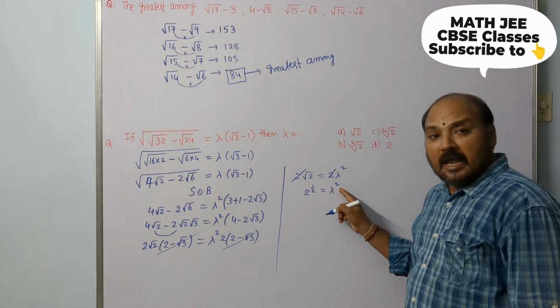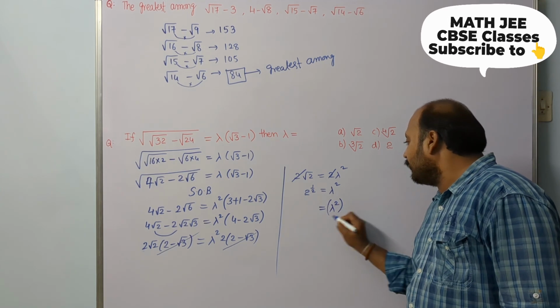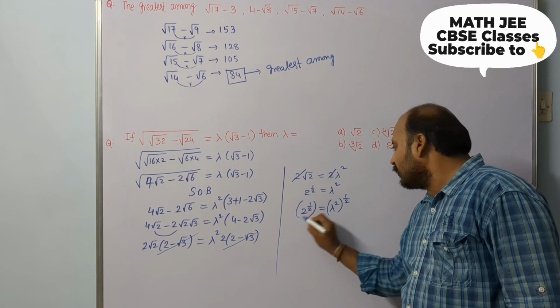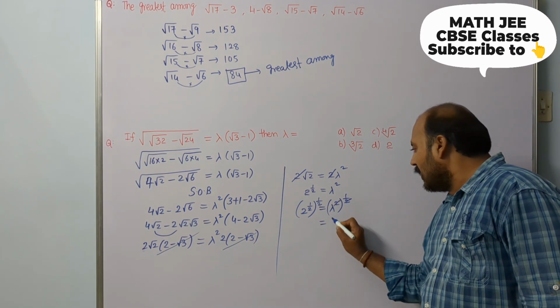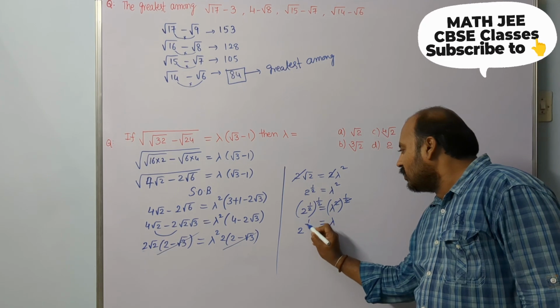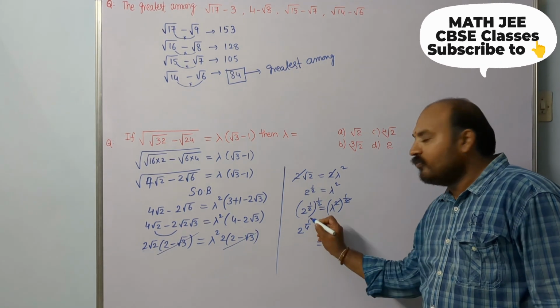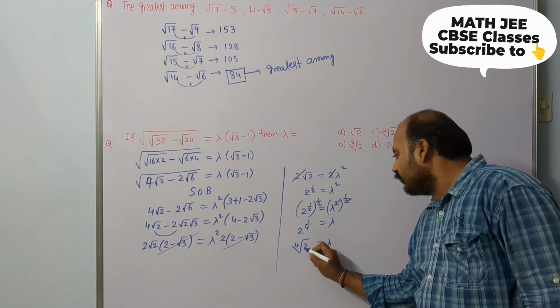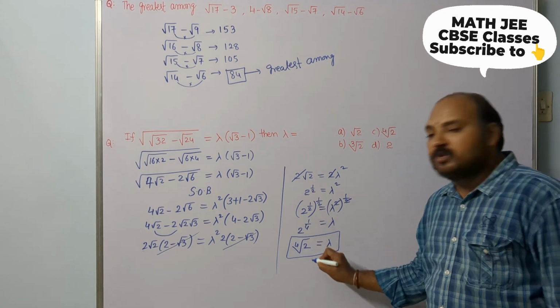So I want the lambda value, so power raised to 1 by 2, you will get lambda equal to 2 power 1 by 4, we can write it as the 4th root of 2. So therefore lambda equals the fourth root of 2.